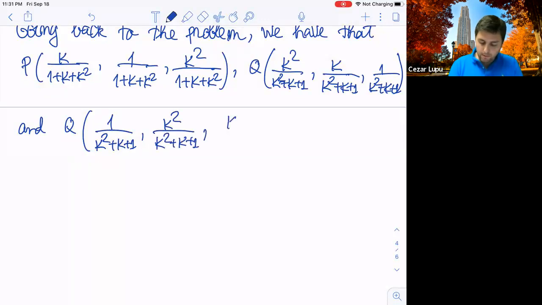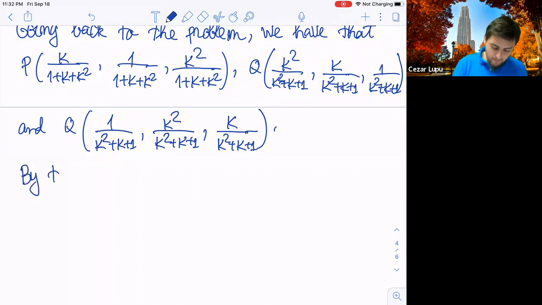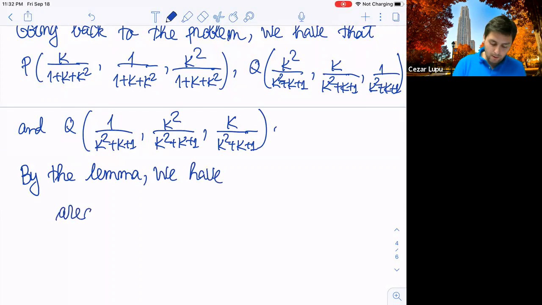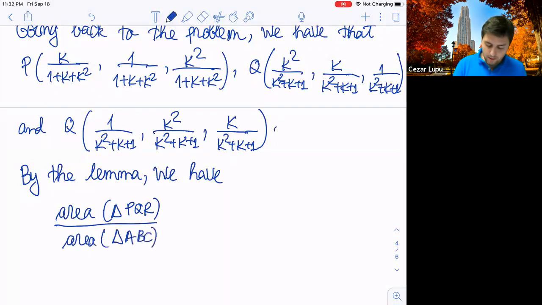Okay, so now we have these three points, and now we're trying to find the area. By the lemma, the area of the triangle PQR, which is delta, over the area of the triangle ABC is nothing else than just the determinant of these guys.